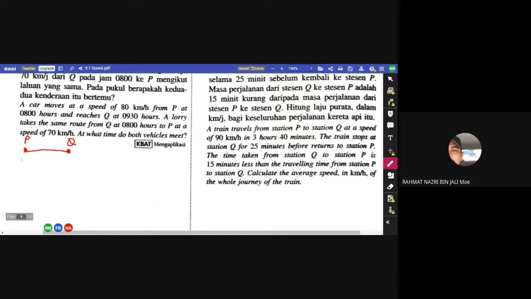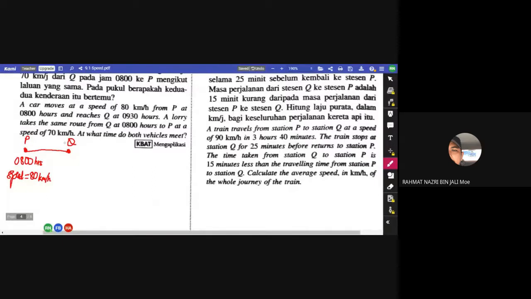Okay, the time at the starting point P is 0800 hours. And then the speed at P is 80 kilometer per hour.